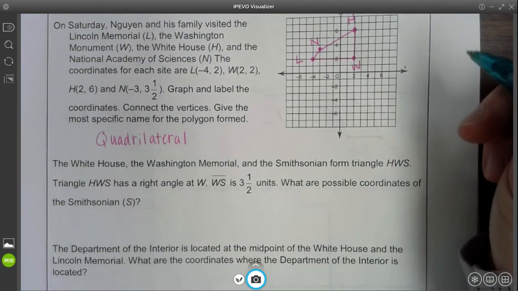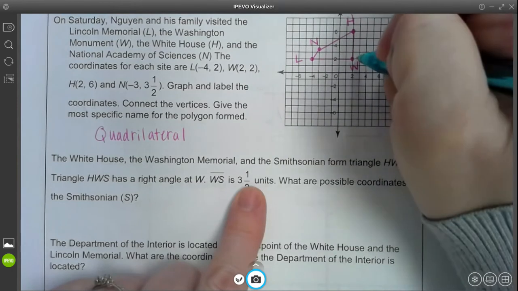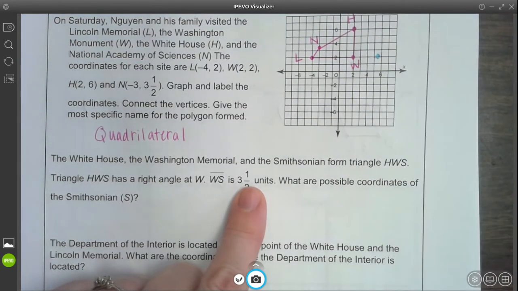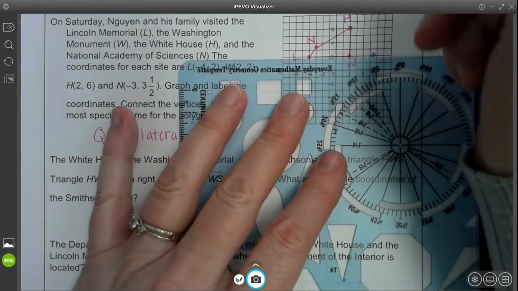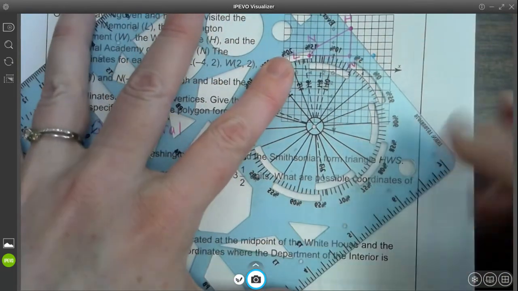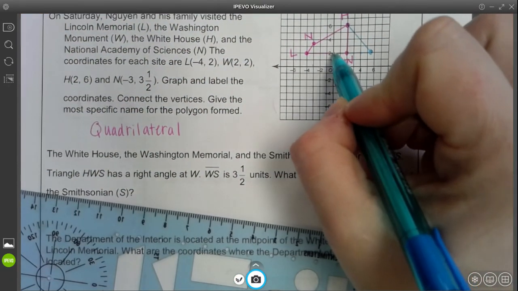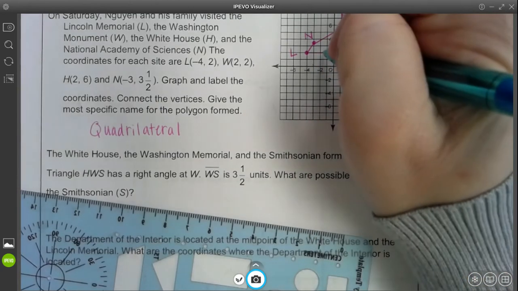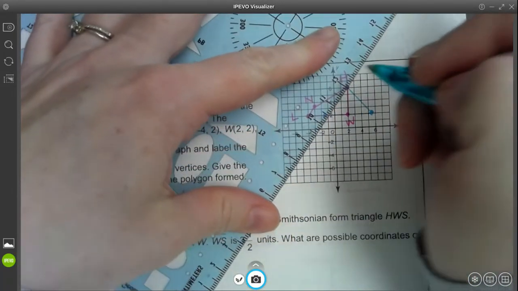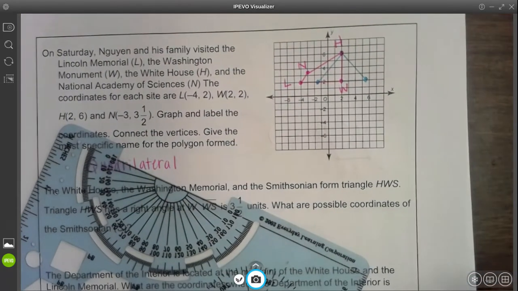triangle. Okay, so one of the ways is I could start at W, and it's 3.5 units, so 1, 2, 3.5. This would form a right triangle here. Or I could also go 3.5 units to the left of W, and I would still have a right triangle.